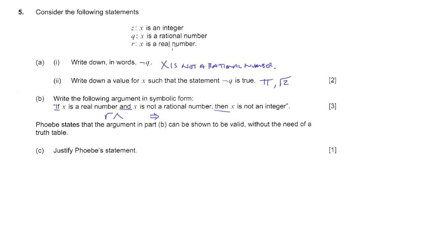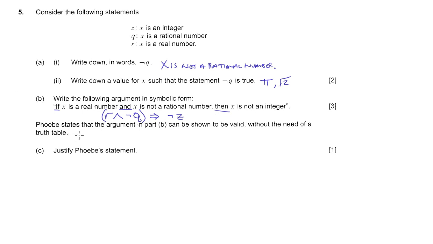X is not a rational number, so not Q, just like we had up here. That implies that x is not an integer. So x is an integer is Z, so we would put not Z. And since these things are together, that implies not Z, we'd want to put these here in parentheses. All right, last one.